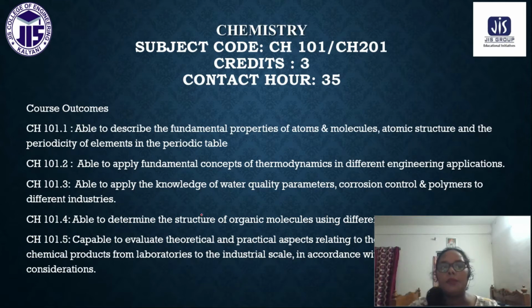These are some of the course outcomes that we have for our course. You can describe the fundamental properties of atoms and molecules, the atomic structure and the periodicity of the elements in the periodic table. Also, you can apply the fundamental concepts of thermodynamics in different energy applications.